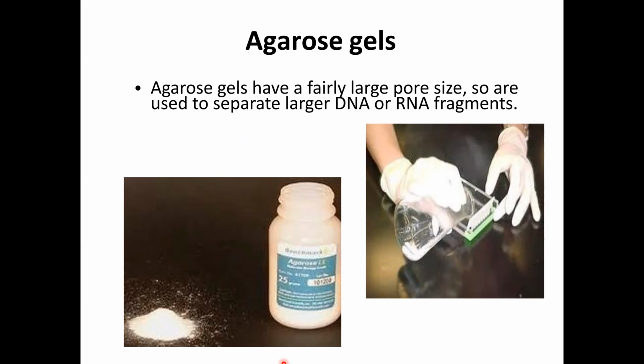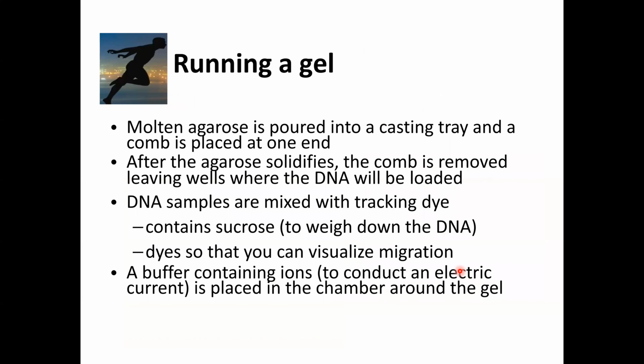This is the agarose gel which is commercialized, already from the company. You have to read the protocol in the insert of the agarose gel you bought from the company. These agarose gels have a fairly large pore size, so they are used to separate larger DNA or RNA fragments.